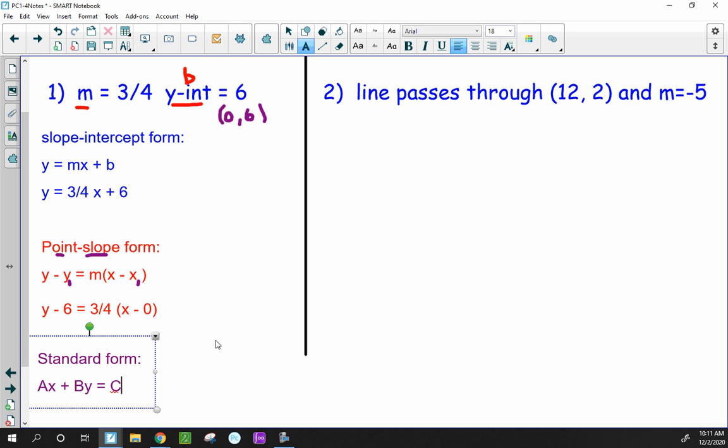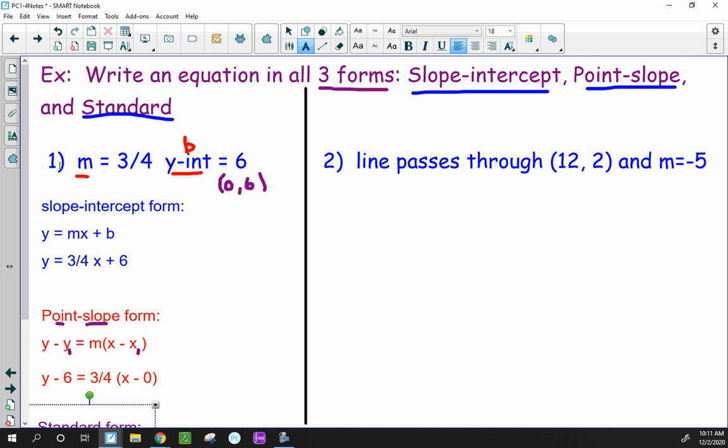Now, I think the easiest way to do standard form is to always start with either slope-intercept or point-slope. No matter what information I'm given, and I know ahead of time that I have to write all 3 answers, I tend to do standard last.